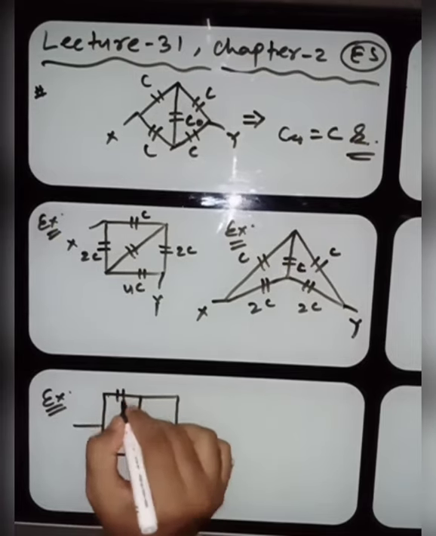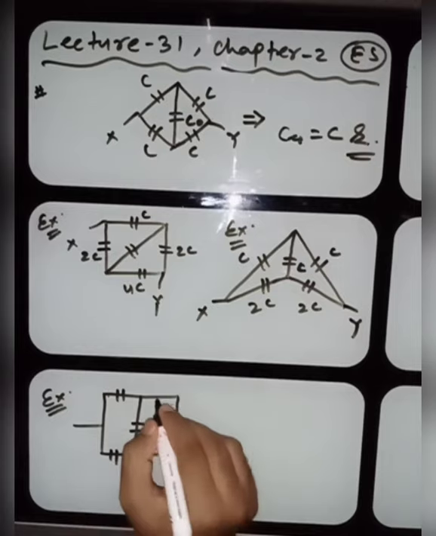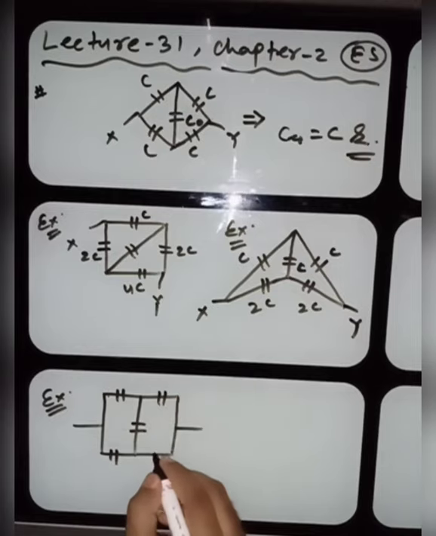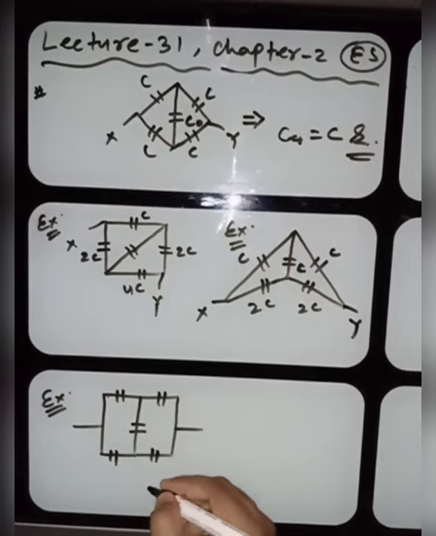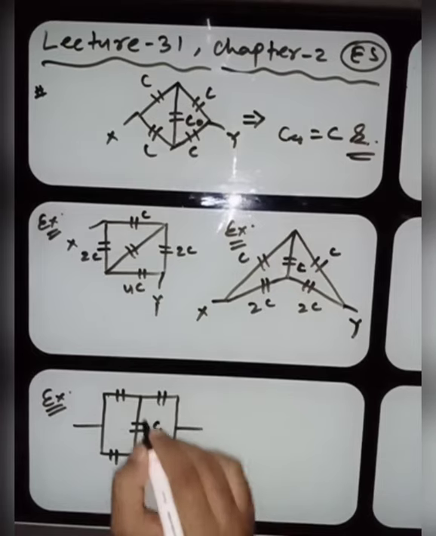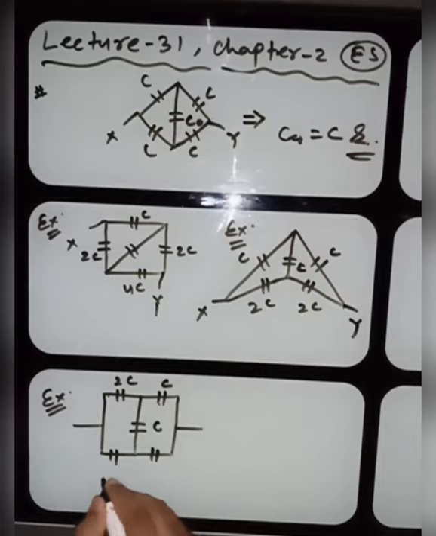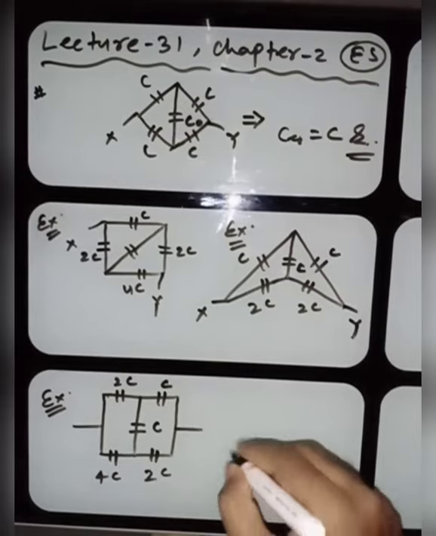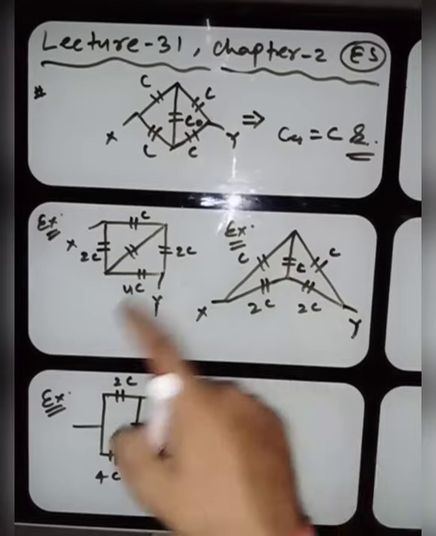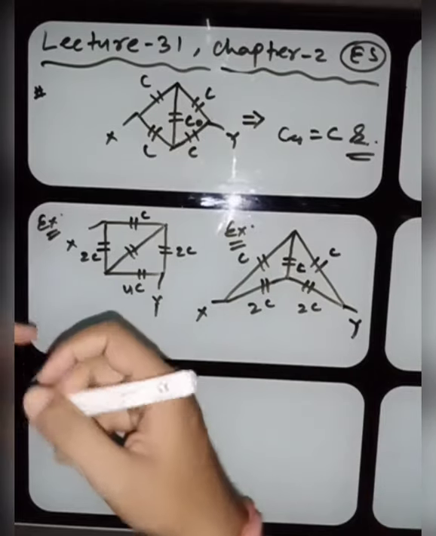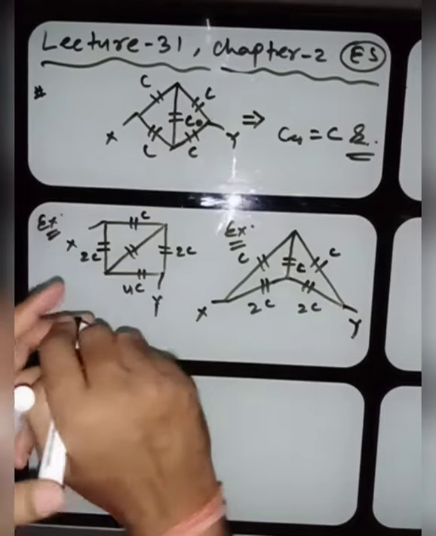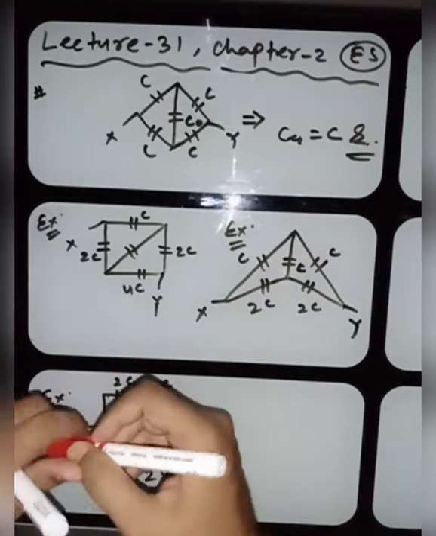This one. This is C, 2C, C, 4C, 2C. Whether this one is a balanced Wheatstone bridge. Okay, let me solve these three questions. Then after we'll move to another Wheatstone bridge circuit.